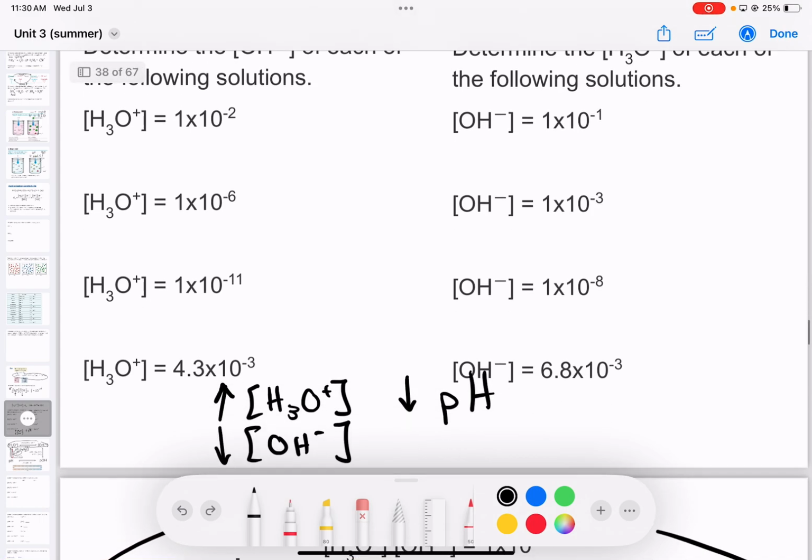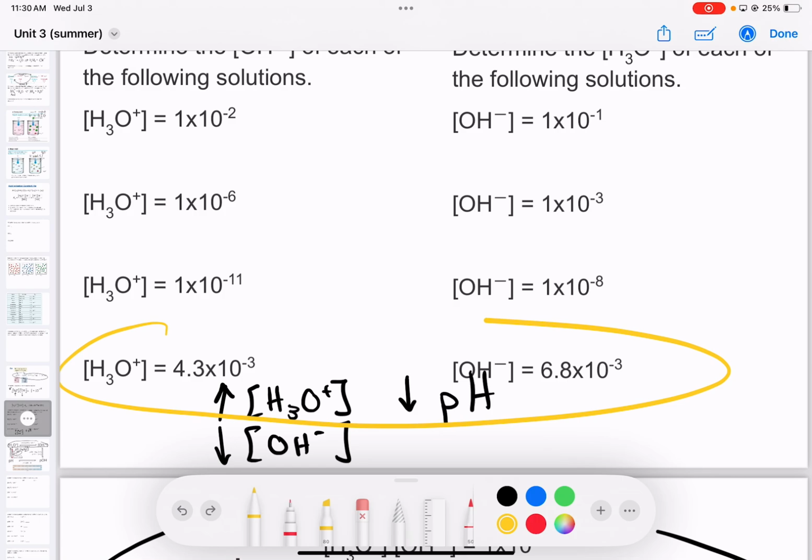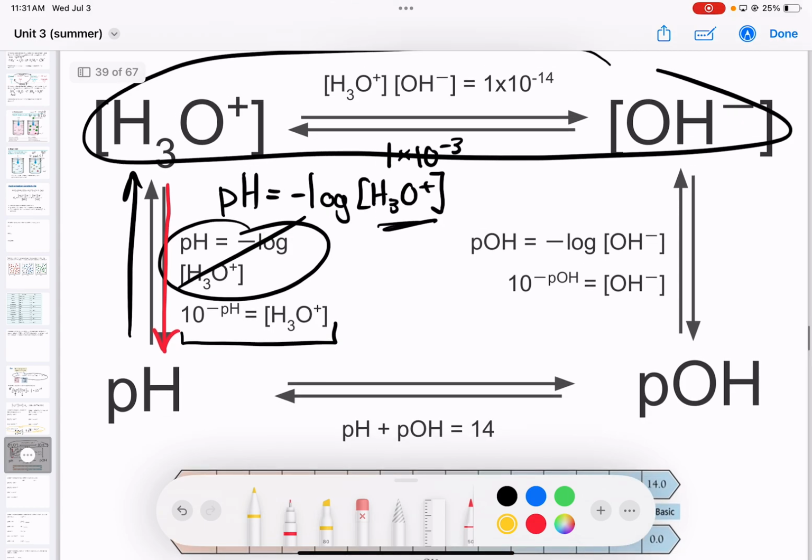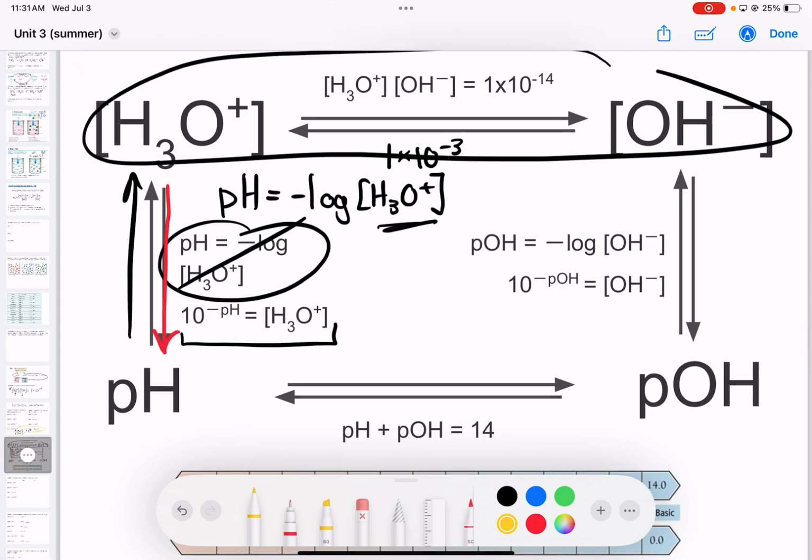Let's do the last 2 on this page. So determine for the H3O plus, determine what the OH minus is. And for this OH minus, determine what the H3O plus is. It is just above the weird calculation arrow thing.